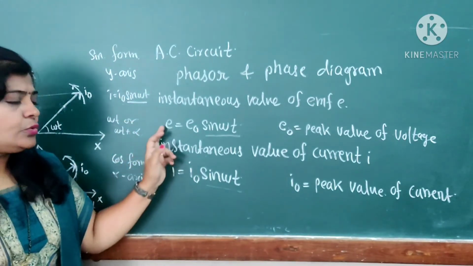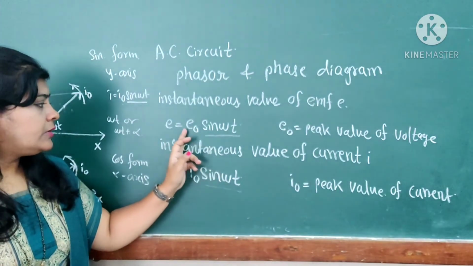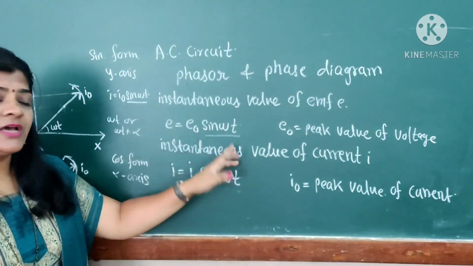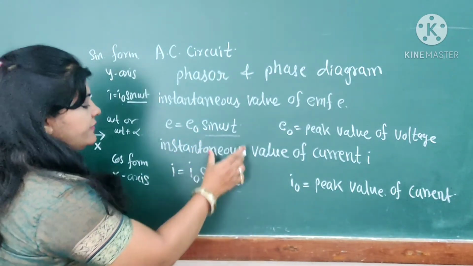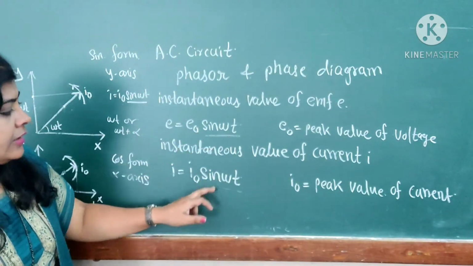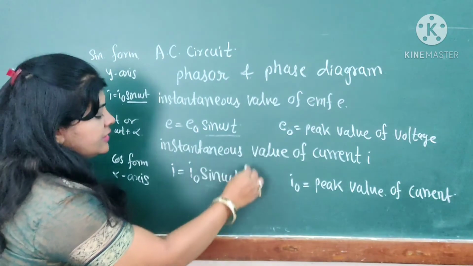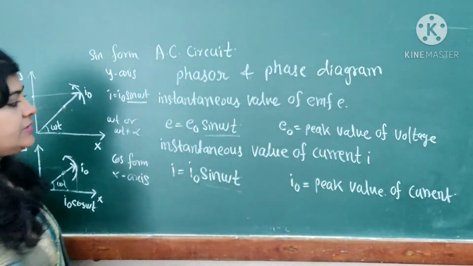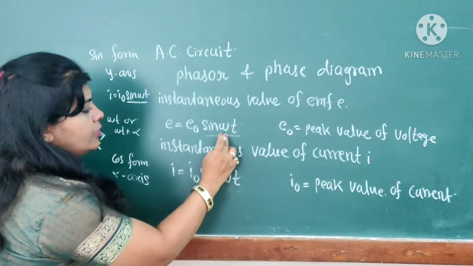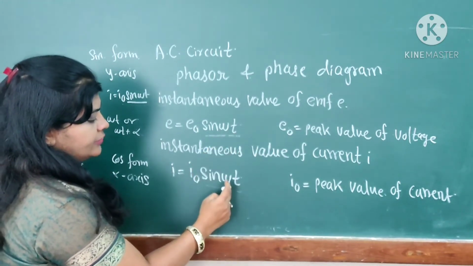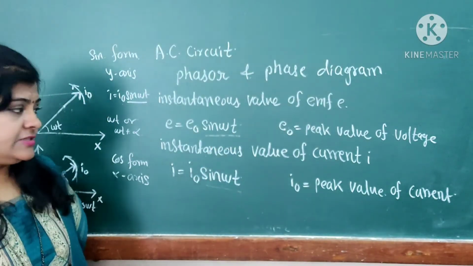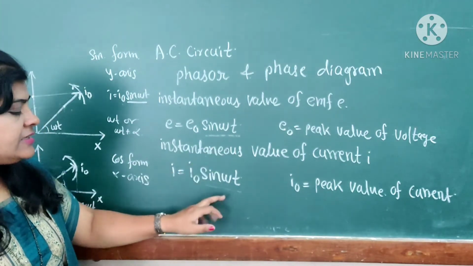If you concentrate on the two equations, I is equal to I naught into sine omega t and E is equal to E naught into sine omega t, both have the same function, sine omega t. The difference in angle is 0, meaning no angle like omega t plus alpha is added. So there is no phase difference between them, the angle is 0.